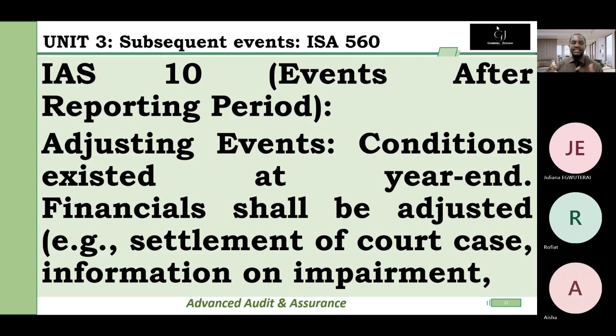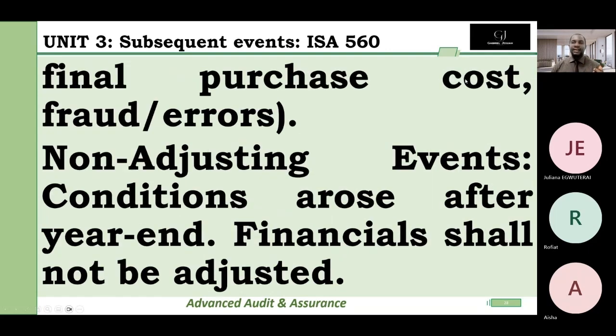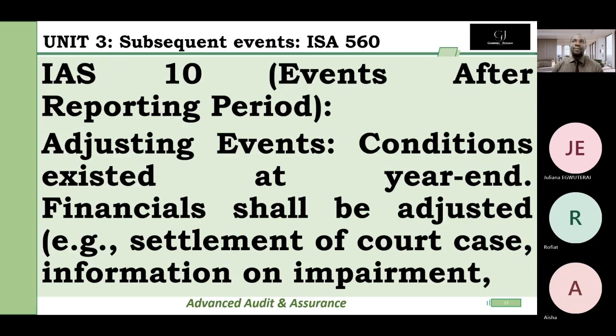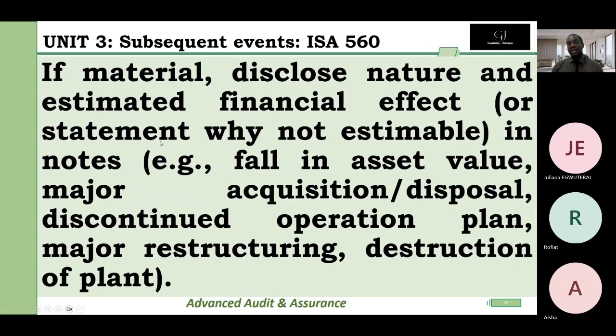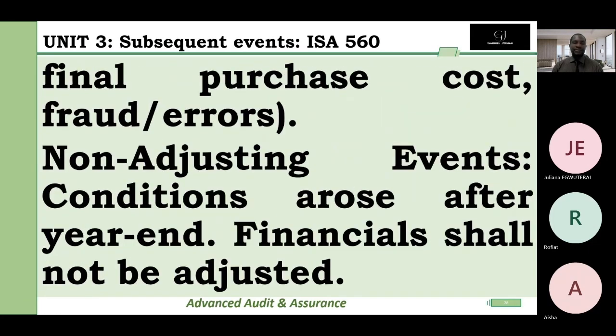Examples are issues of court cases, litigations, information on impairment of assets, final purchase costs, fraud and errors that impact the financial statement. Generally, adjusting events come at the year end, and most of the time the opinion and the report have been issued and the audit has been completed, so we need to adjust for these events in the new year. This is very important.